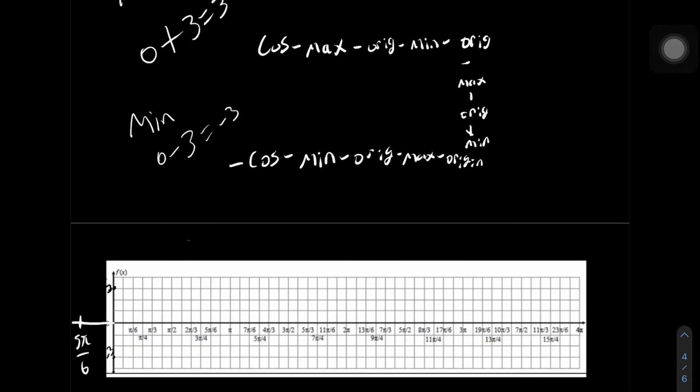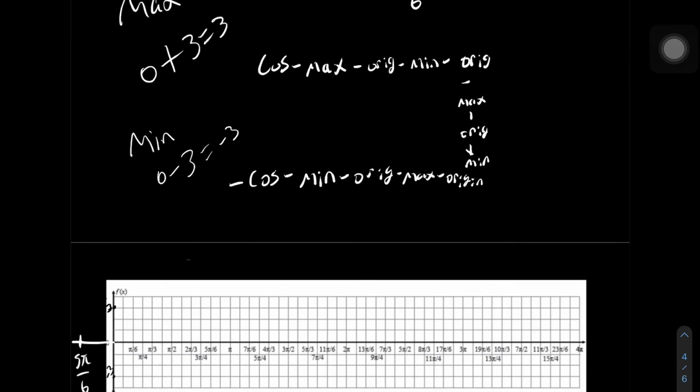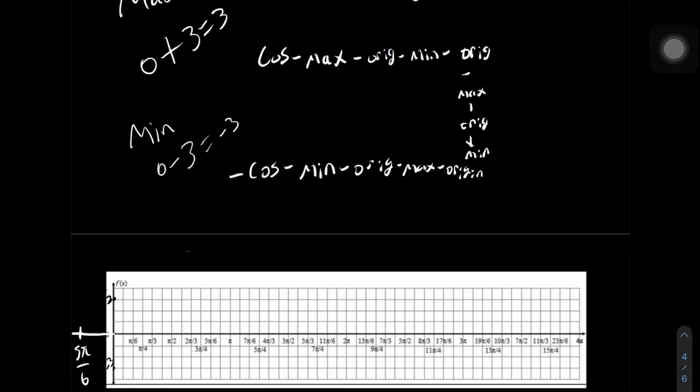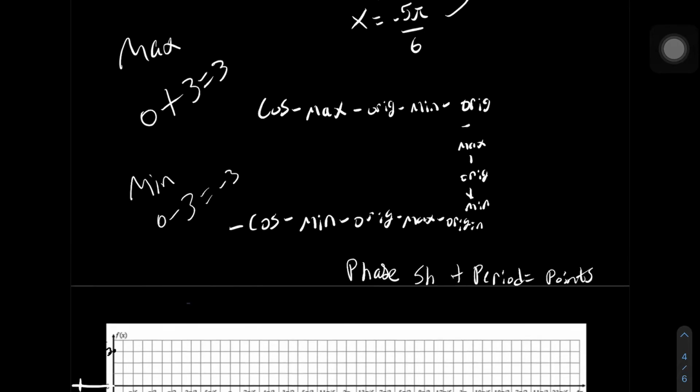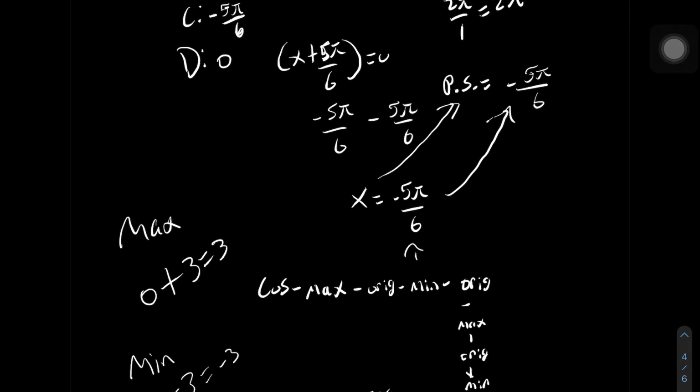And now we want to plot our first point after our period. Again, we're going to do the same thing, similar to what we did to sine: phase shift plus our period equals one of our points. The phase shift was negative 5 pi over 6 plus our period, which was 2 pi.